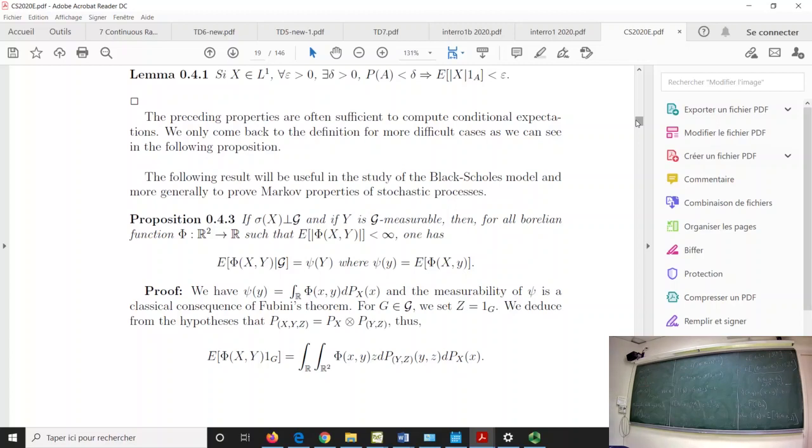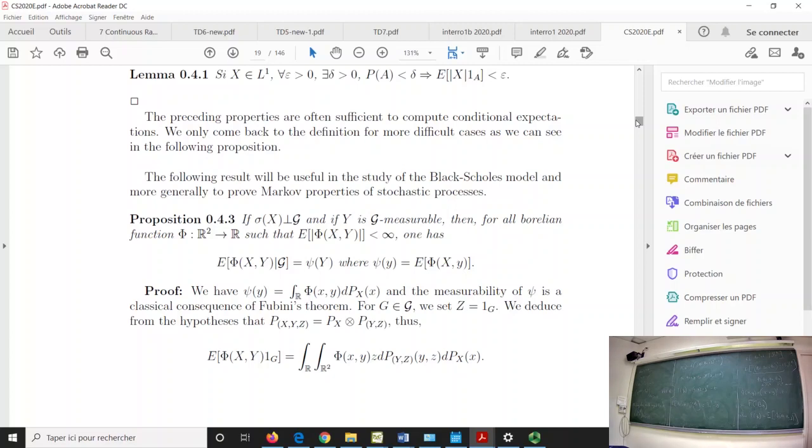Okay? So at home, because it's time now, just to finish, do the last one by yourself to prove that it is a martingale. The same methodology applies. You are going to make appear the increments and you are going to use proposition 0.4.3.